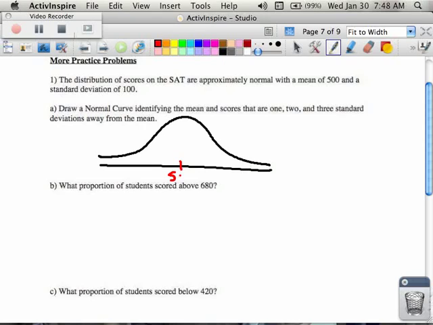The instructions are to identify the scores that are 1, 2, and 3 standard deviations away from the mean. Our first standard deviation would be 100 away, the second is 200 away, and the third is 300 away. Then you go in the other direction: 100, 200, and 300 units away from the mean.